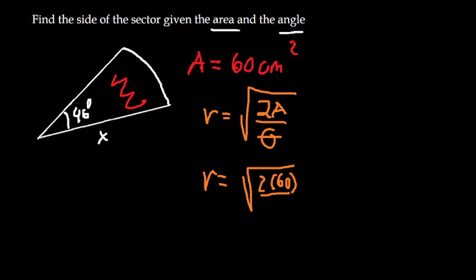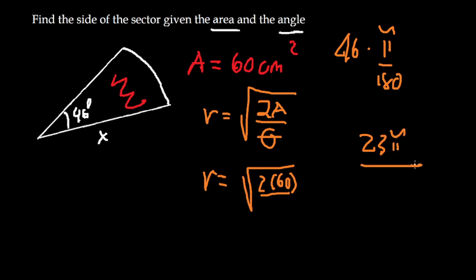nga pala, i-convert pala muna natin ulit yung degrees. Since given siya in degrees, we need to convert it to radians. So again, if the given is degrees, just multiply it by pi over 180. So it's just 46 times pi over 180. So 23 pi over 90.